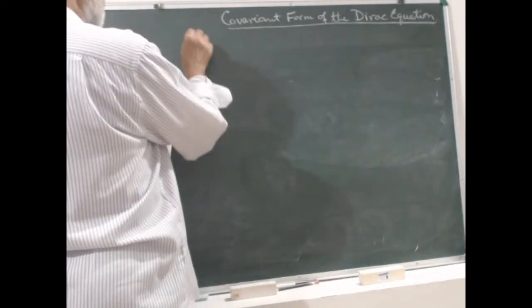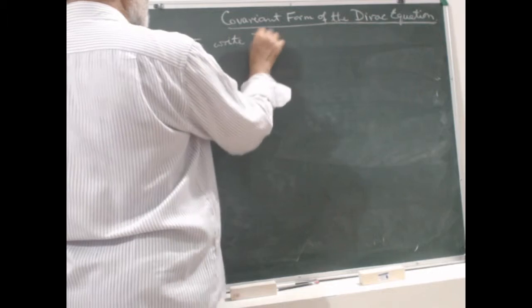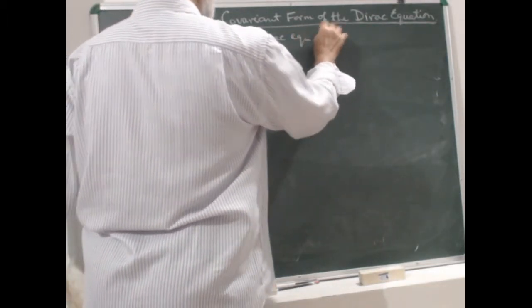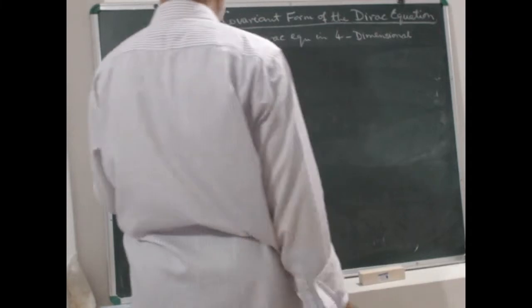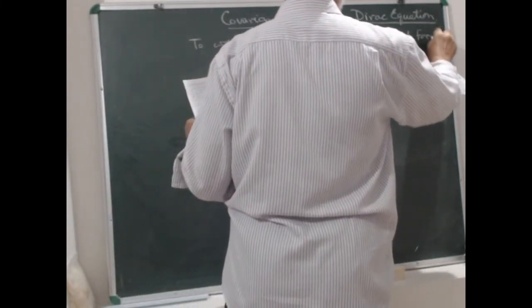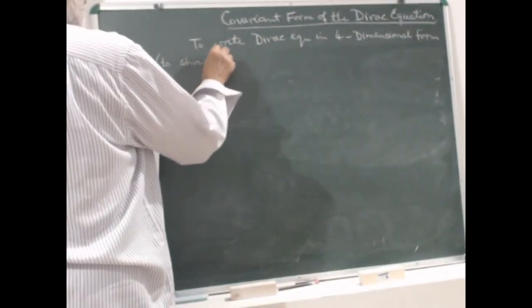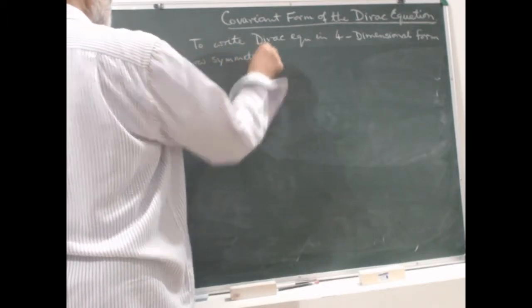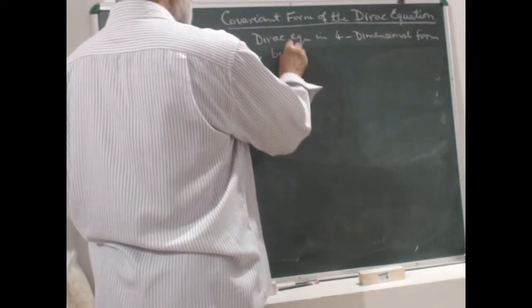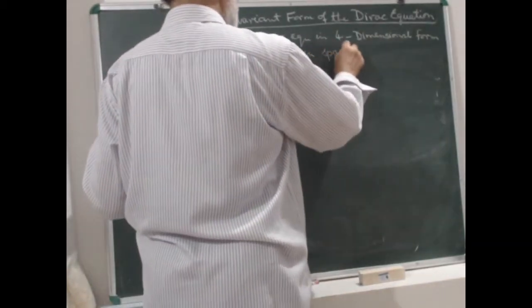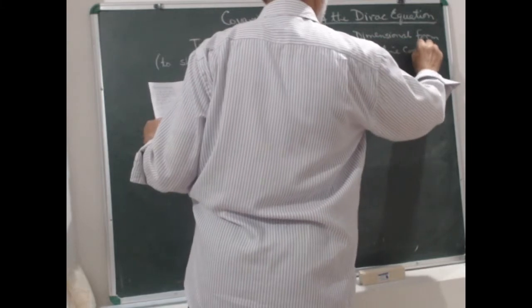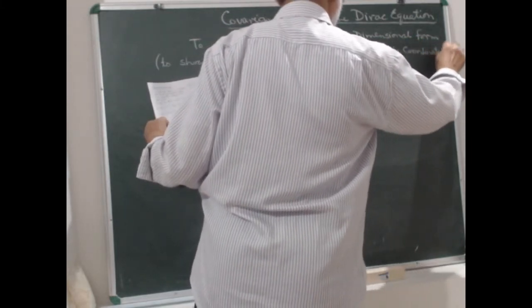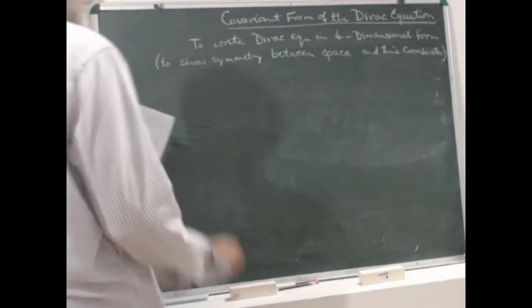So to write the Dirac equation in 4-dimensional form, that is space and time, is to show symmetry between the space and time coordinates. Multiply the Dirac equation by beta by c.